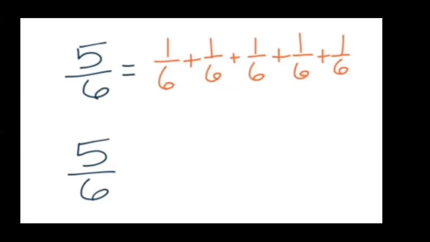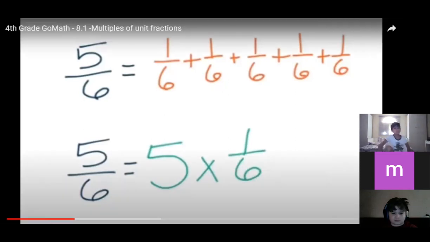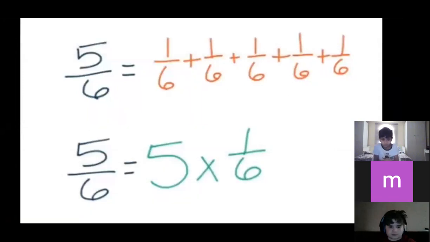So I'm going to need 5 unit fractions. I'm going to need 5 1/6 in order to get to 5/6. So we took our fraction 5/6 and we wrote 5/6 as a whole number times a unit fraction. We needed 5 unit fractions in order to get to 5/6.